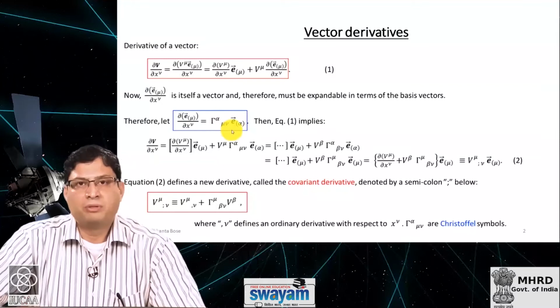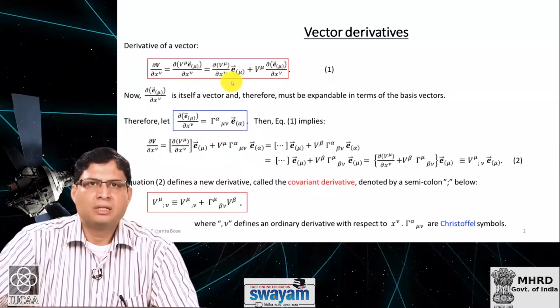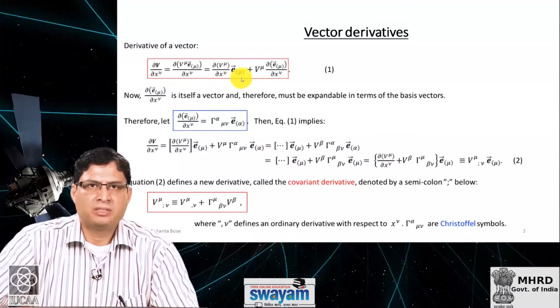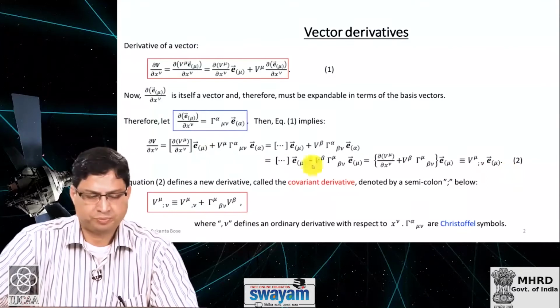But this is a very powerful utility, because it allows us to go back to equation 1 and express the general space-time derivative of a vector solely in terms of an expansion over basis vectors, the e mu's. This is what we try to do in the steps following this blue box, namely in equation 2.